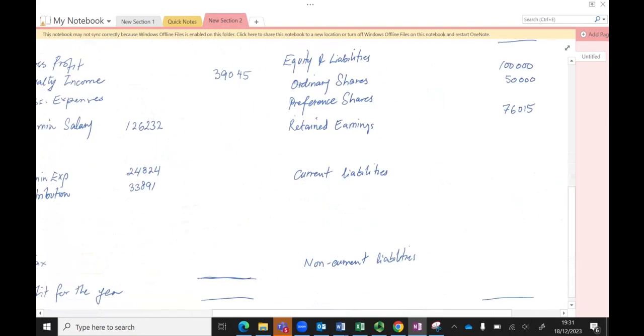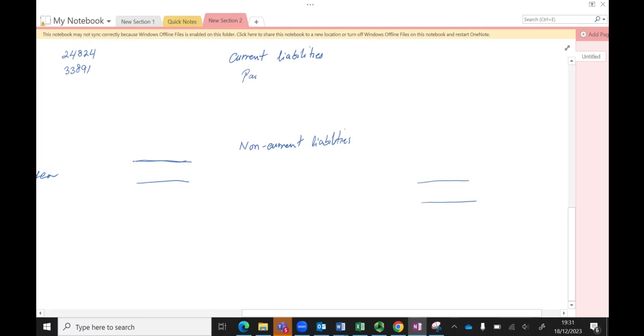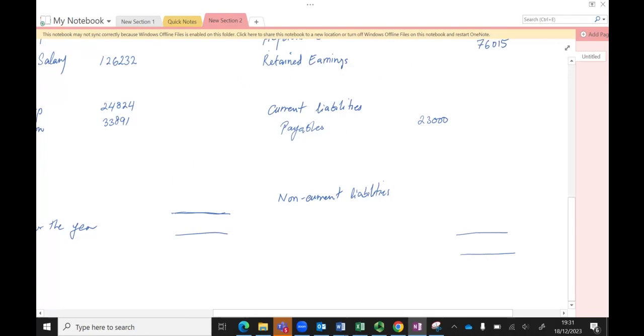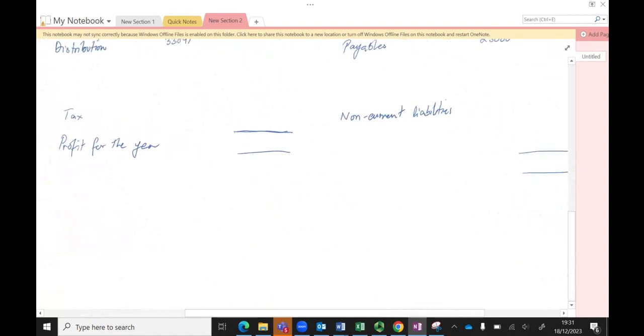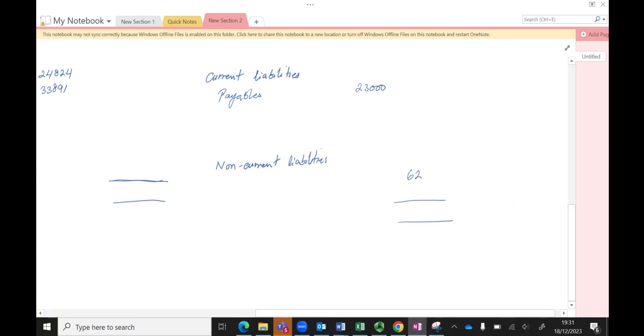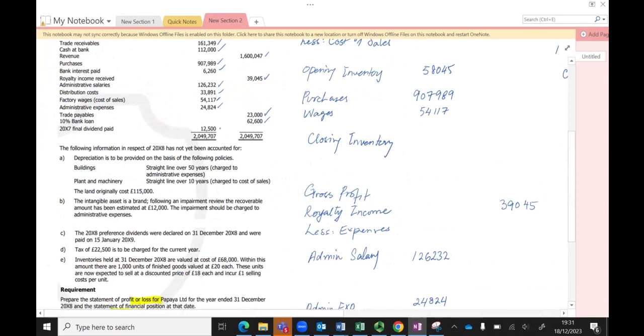Trade payables 23,000. Bank loan is 62,600. Next, we have final dividend paid, and that is 12,500.